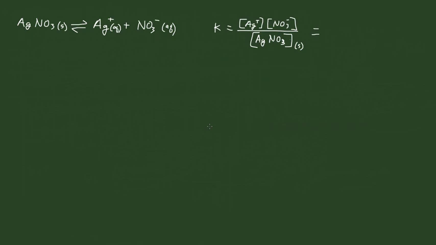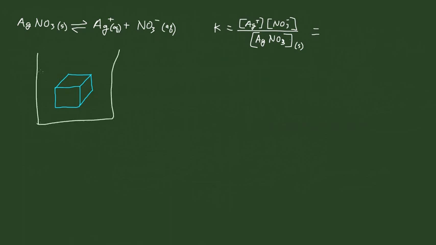The reason why is this: if we were dissolving this, and instead of a granular sample, let's say we had a big block of salt, but instead of table salt it's silver nitrate, and we want to dissolve it.